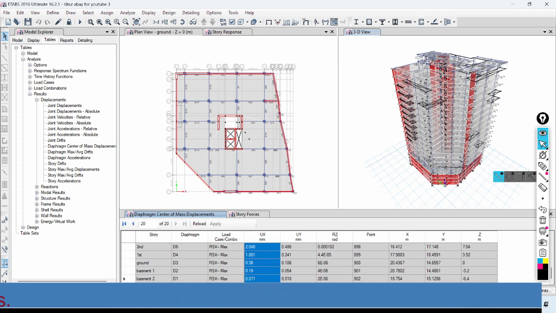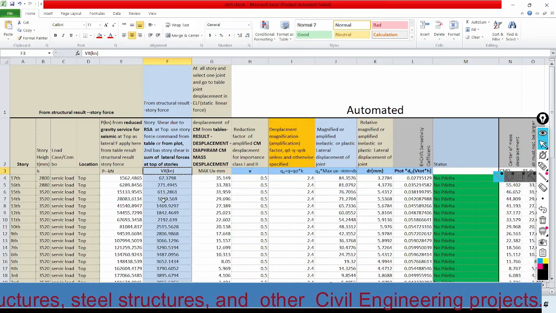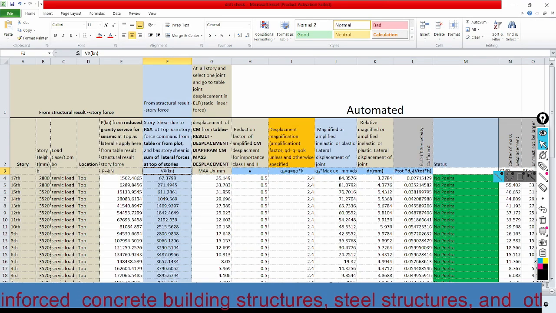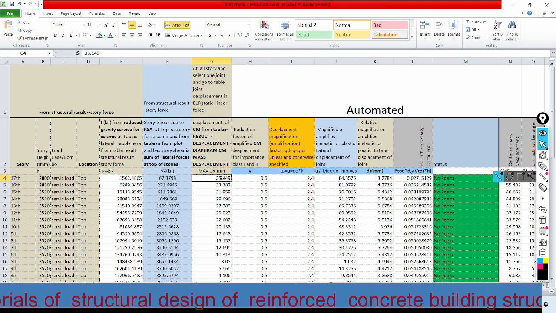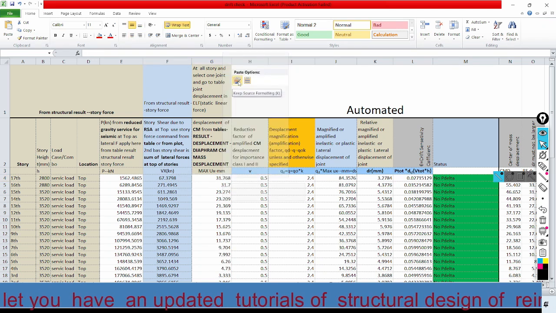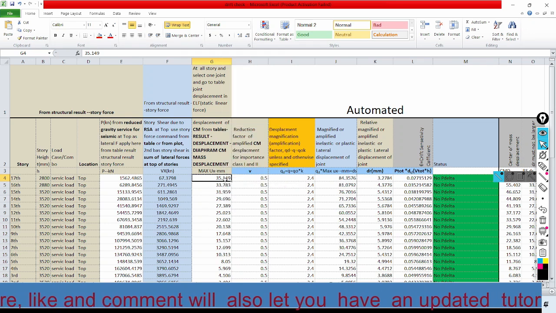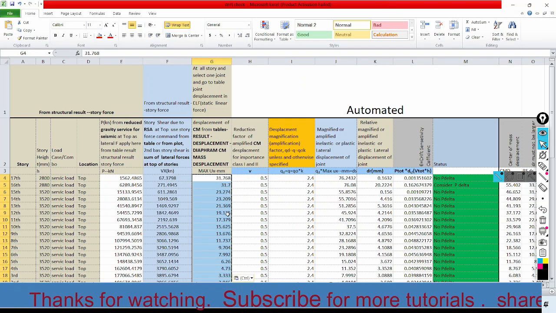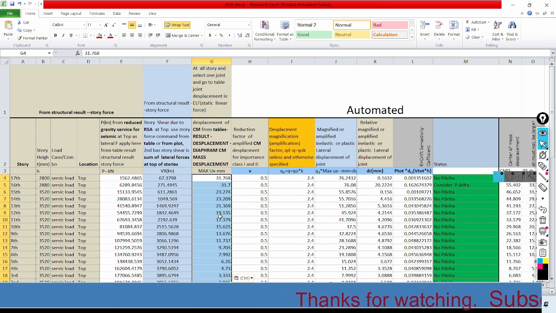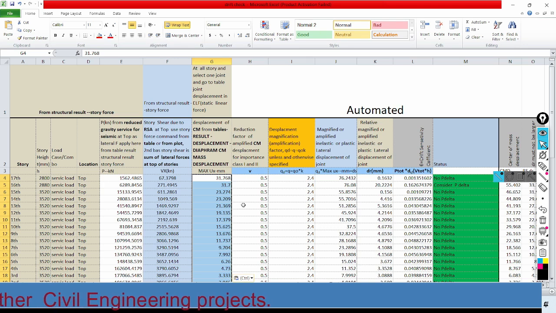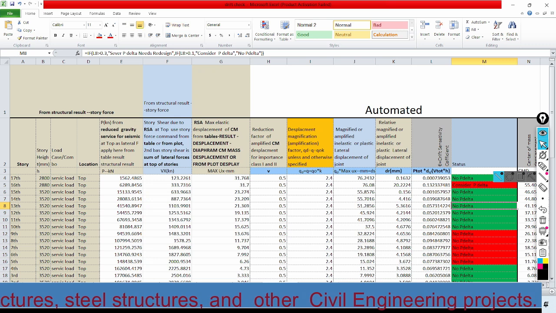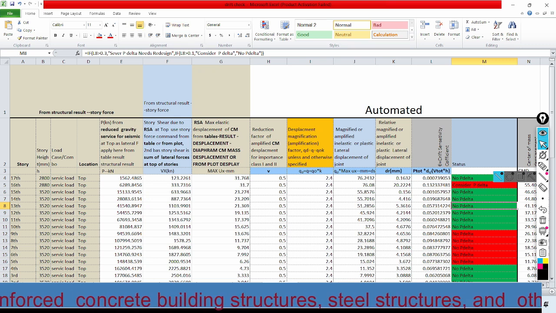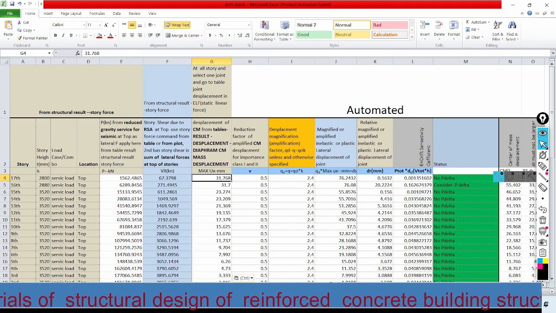So copy this, Control C, and then be sure that I am at negative x P delta. So here the displacement, paste it. That is all.